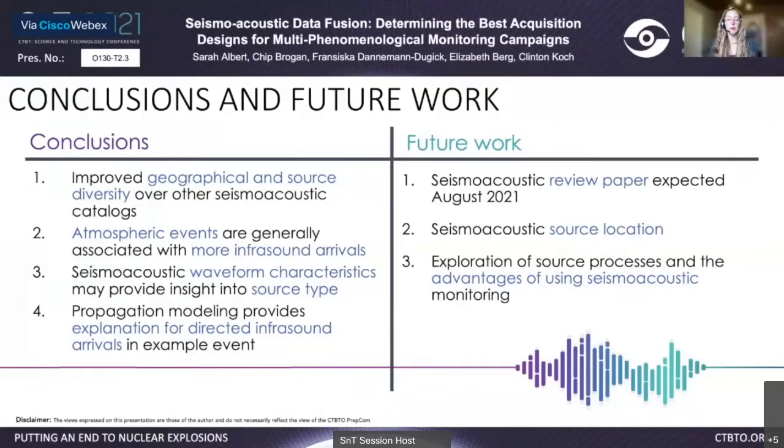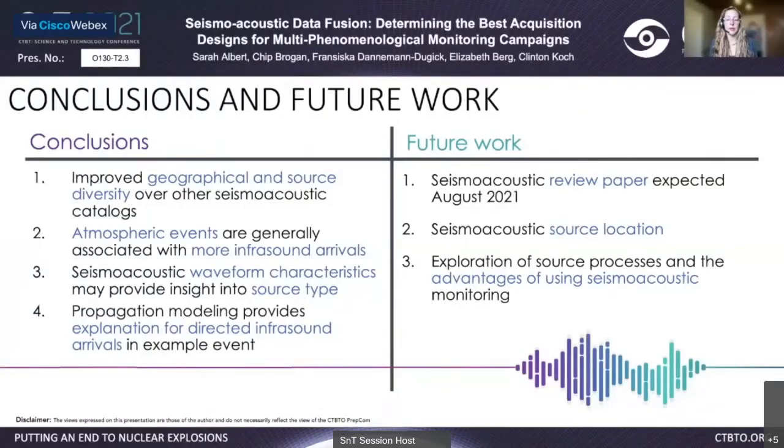The differences in waveforms between a few of those example events that we looked at show that seismoacoustic waveform characteristics may provide some insight into the source type, because there were some distinct differences in the waveforms based on the source type.